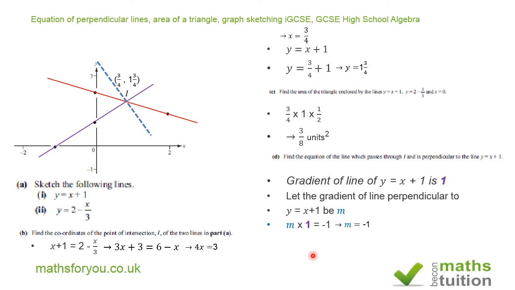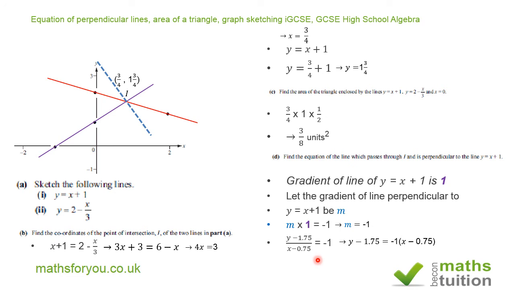Now to find the gradient, we use the rise and the run method, and the rise in this case is y minus 1.75 and the run is x minus 0.75, and that gives us -1. If we then cross multiply, we end up with y minus 1.75 is equal to -1 times x minus 0.75.